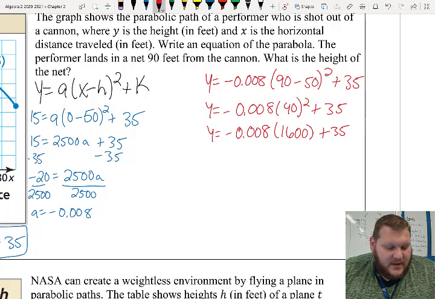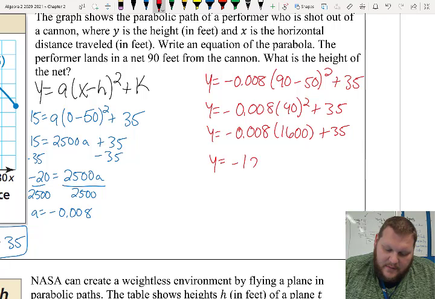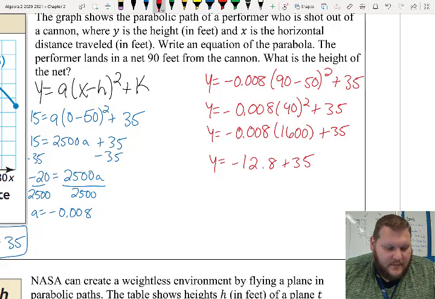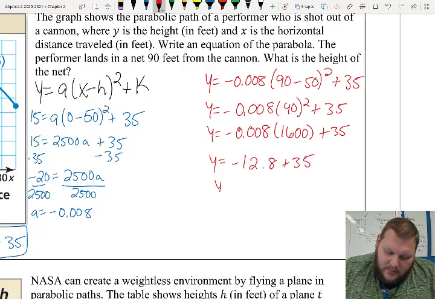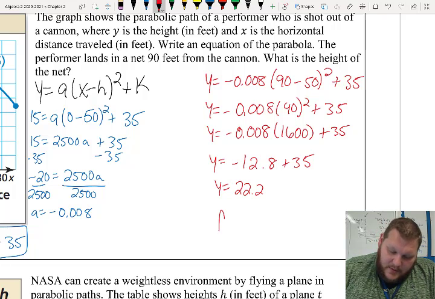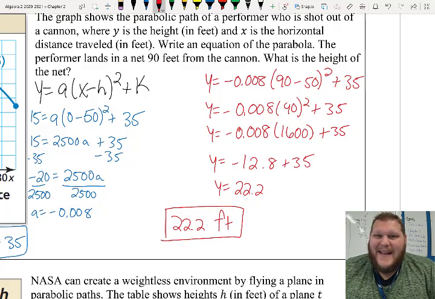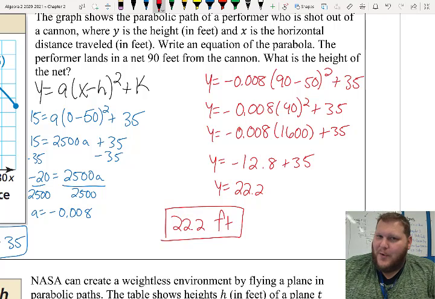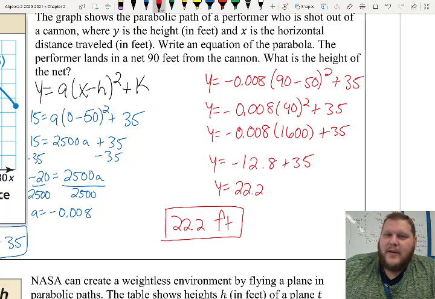Times negative 0.008 gives me negative 12.8 plus 35, which gives me 22.2 feet. So 22.2 feet up in the air is where that net would have to be if we wanted to make sure that the performer who got shot out of the cannon landed safely in the net.